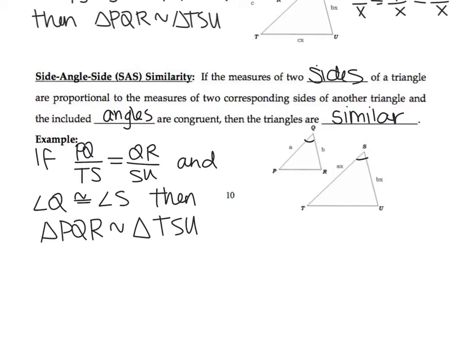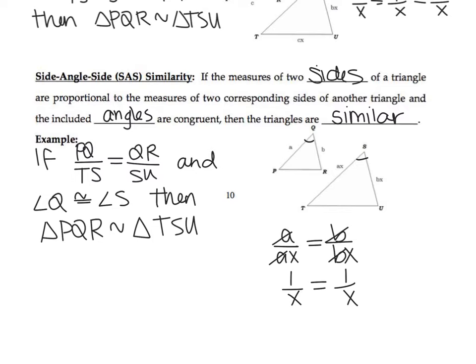Similar to the previous similarity statement, if we want to know the 2 sides are proportional, we look at their ratio. So we have A over AX should equal B over BX. The A's will cancel from the first ratio, the B's from the second, so we end up with 1 over X equals 1 over X.